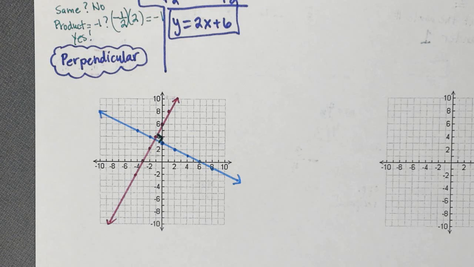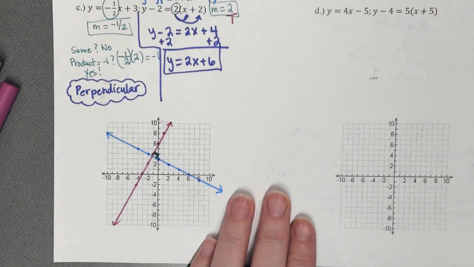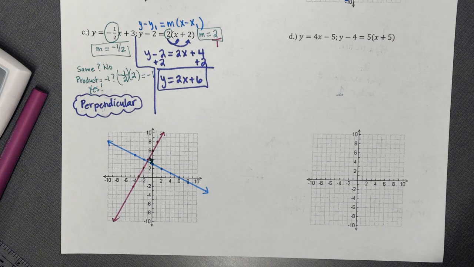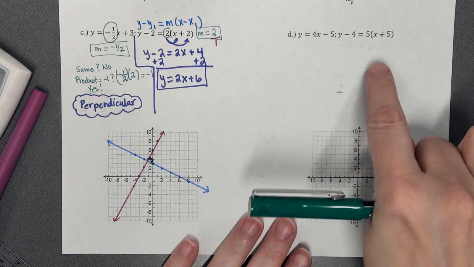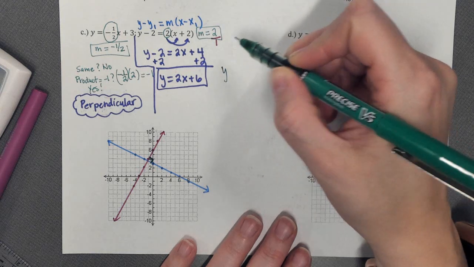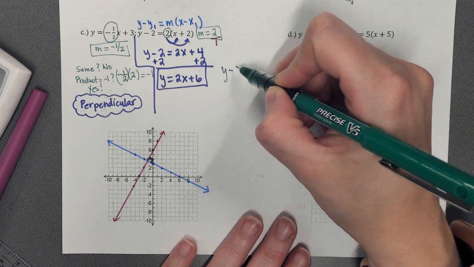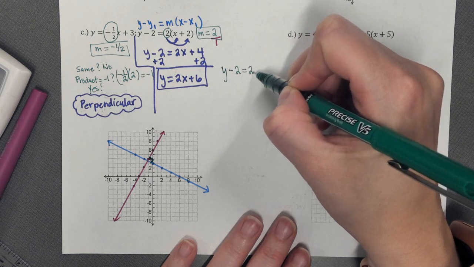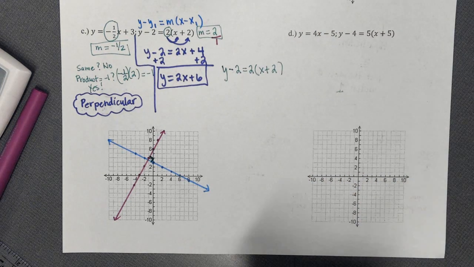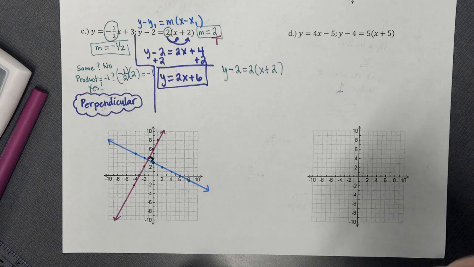Okay, and then while some of you are still completing that, I told you that there was another way that you could do this. The other way that you can do this, and this is what we're going to use for D, is you can pick out a point from your equation. Okay?